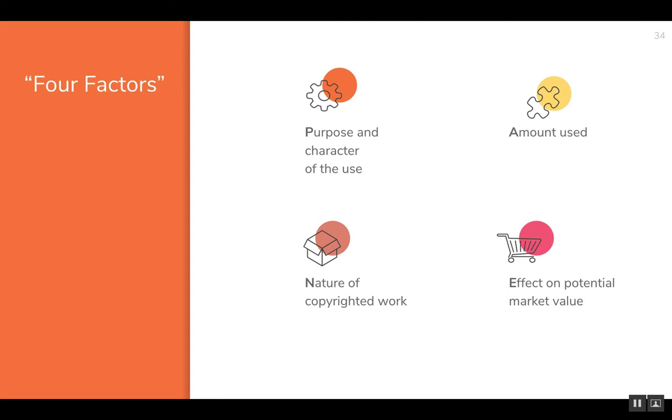The same thing with the effect on potential market value. If you are taking something that could make money for a major studio, they're going to be less likely to consider your use fair use. If you use the entire movie, that's not going to fall under fair use, but maybe if you just use a 30-second clip, it might be seen as a little bit more fair. But again, all of these factors come together.